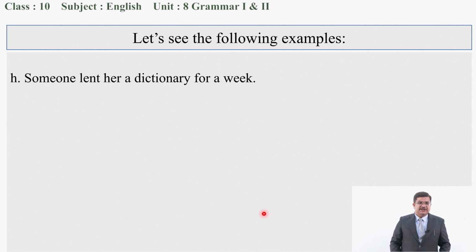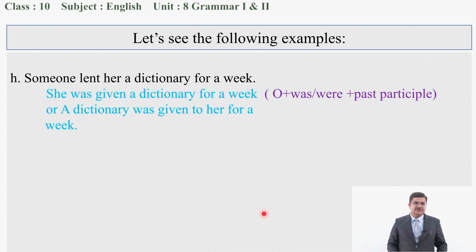Good. Now, someone lent her a dictionary for a week. Will you try? Of course. She was given a dictionary for a week, or a dictionary was given to her for a week. Both the answers are correct. Either a dictionary can be used as the subject of the passive structure, or we can use she as the subject in the passive structure.